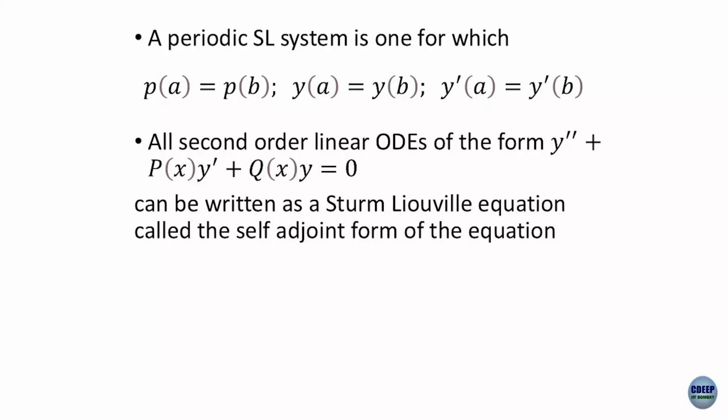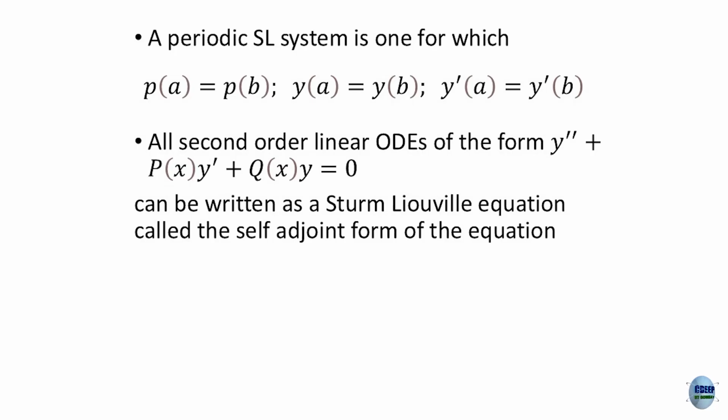One last thing is a periodic Sturm-Liouville system, which is Pa equal to Pb, Ya equal to Yb, and we'll show in a little while that if you take a periodic Sturm-Liouville problem, you are going to end up with the Fourier series.